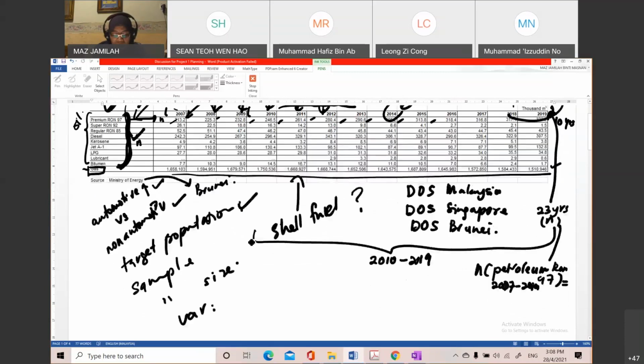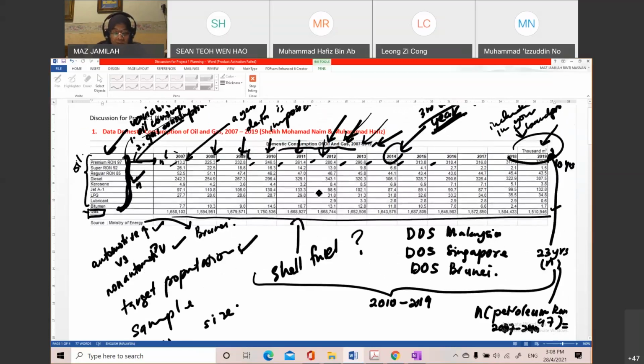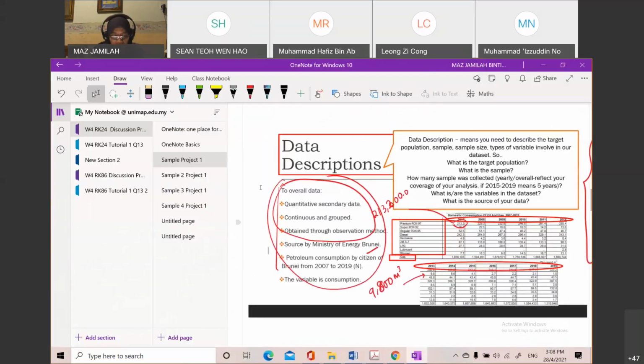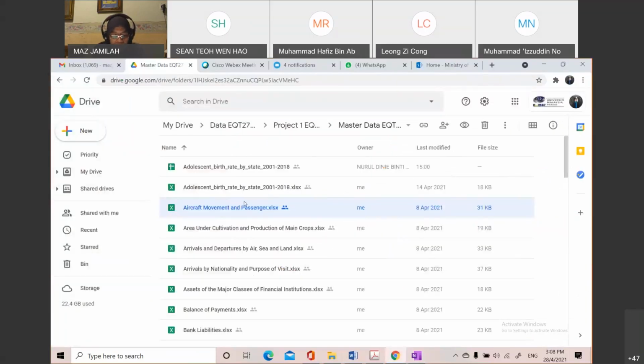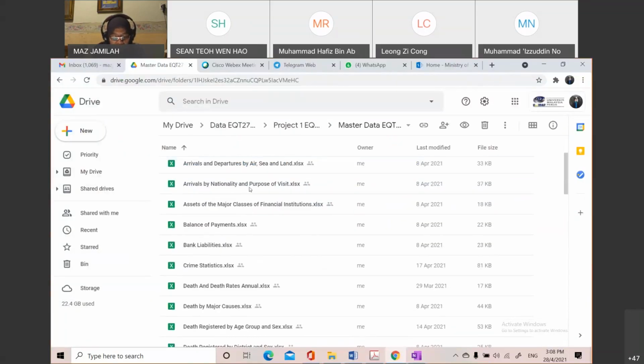So you will have to study your secondary data set a bit longer because you need to understand what is being discussed in your data set. The same goes for your other data set. If you are talking about arrival by nationality and purpose of visit, you have to go back to the root of your discussion: what country are we talking about, is it for those coming in, or is it coming in and going out as well?